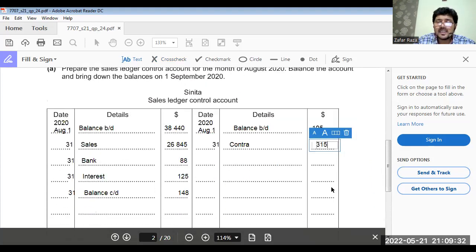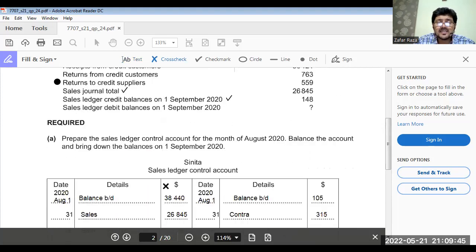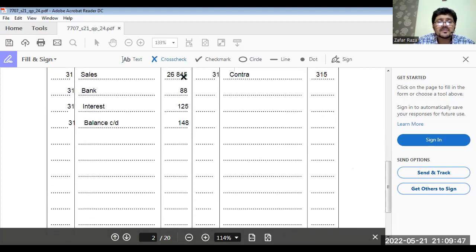So 350. Second item, discount allowed. So here we go, discount allowed is how much? 692. Discount allowed 600.